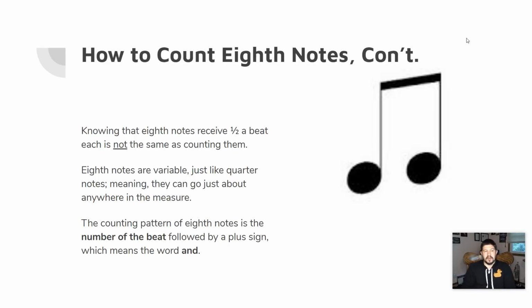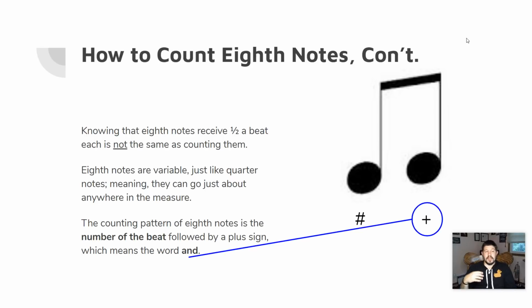So the counting pattern of eighth notes is the number of the beat followed by a plus sign. Right there, we've got the number of the beat, whatever variable number it's going to be, 1, 2, 3, or 4, followed by a plus sign, which means the word "and."